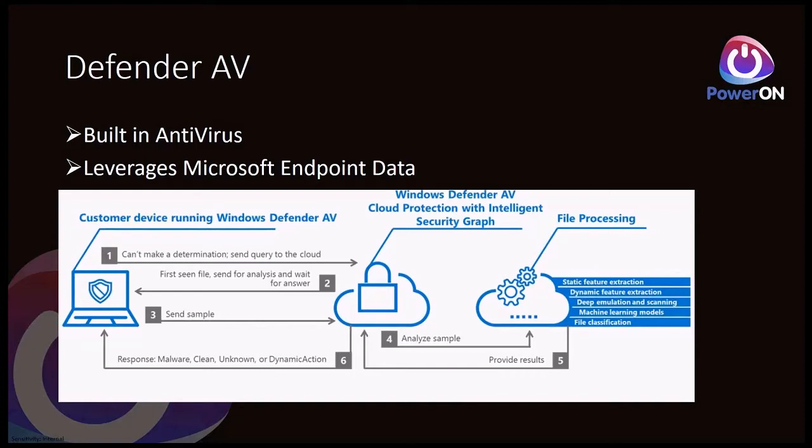So, a quick little picture just running through how it works. Sending the details of the file up to the cloud. If it's something that it's already seen, then it will be able to come back immediately and say, yes, we've had no problems with this, or no, this is a dodgy file, don't open it. And through that, you're feeding back to the user information that allows them to make an informed choice whether to proceed or not.